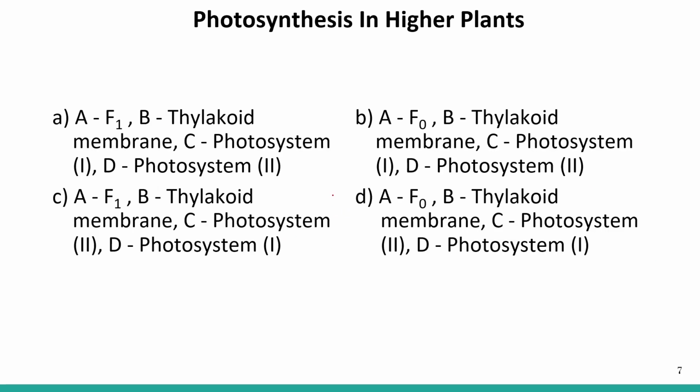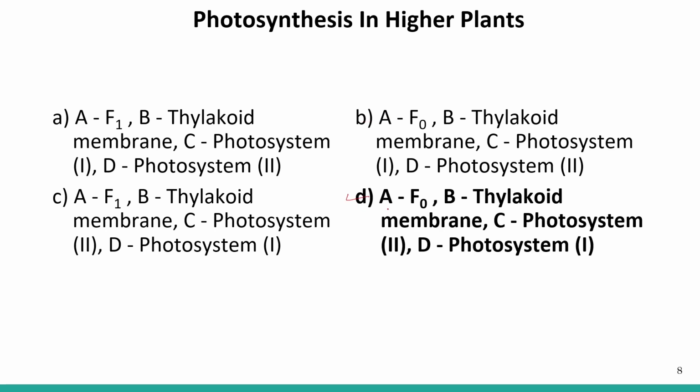Okay. So now you can have a look at these options. What should be the correct answer? Correct answer is option D. A is F0, B is the thylakoid membrane, C is photosystem 2 and D is photosystem 1.